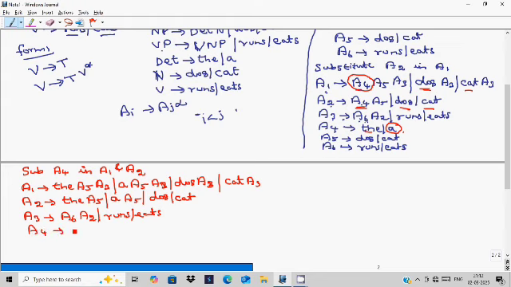The fourth rule is A4, A4 tends to the, then A, then A5. A5 is dog and cat. And the last one, A6, is runs and eats.